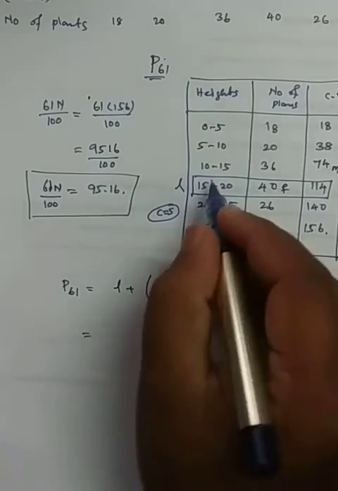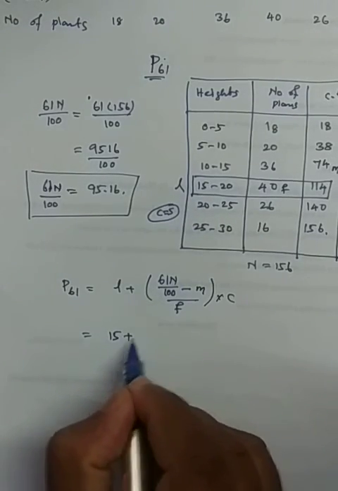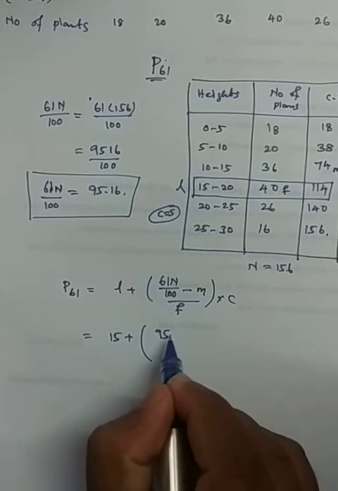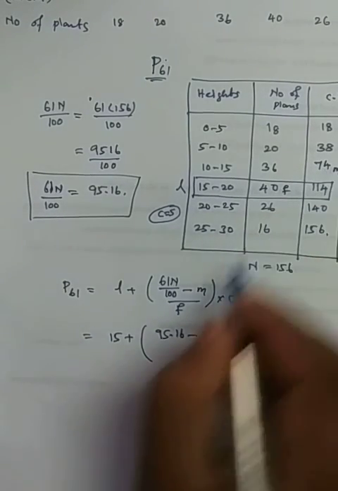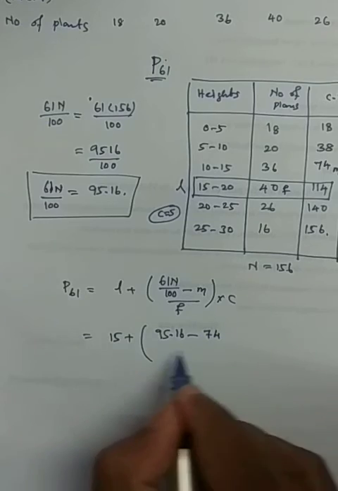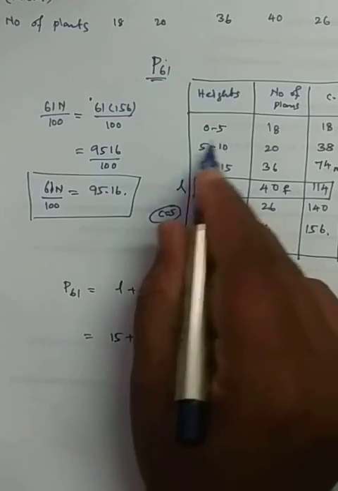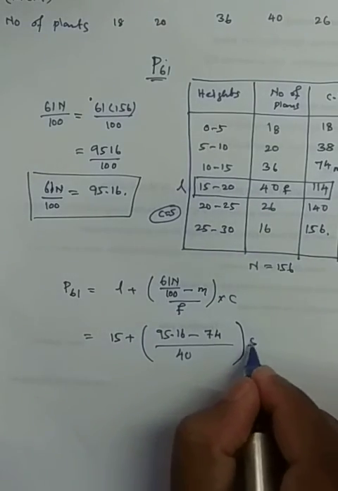As you know, L value is 15, plus 61n by 100, which is 95.16, minus m value 74, divided by f value 40, into the class difference 5.